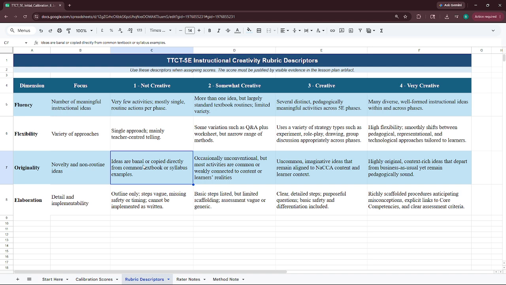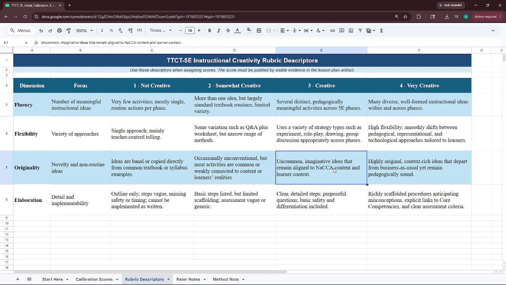So the ideas were not just one idea copied directly from the common textbook or syllabus. This one didn't demonstrate that, even though most parts of the phases were just normal classroom routines. But if you check here, occasionally there were some different, modernized ideas, especially with the first one, where he asked which planet they would like to relocate to if they are given the chance.